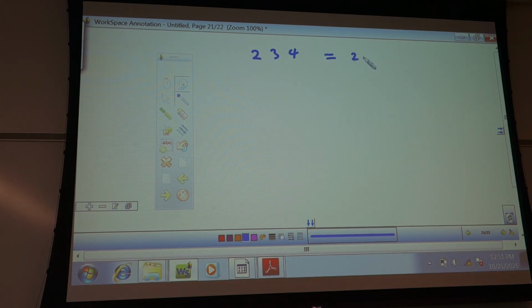Because 2 plus 3 plus 4 is 9. Is 9 divisible by 3? Then this is divisible by 3, for sure, 100%. It's divisible by 3 if you add the digits.